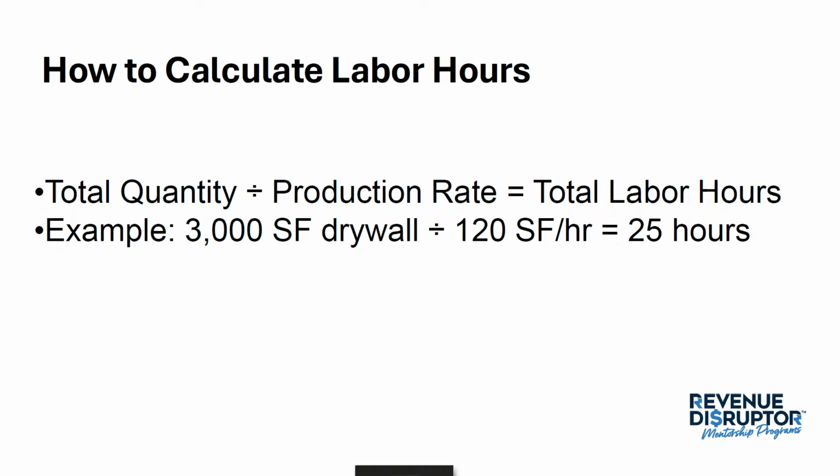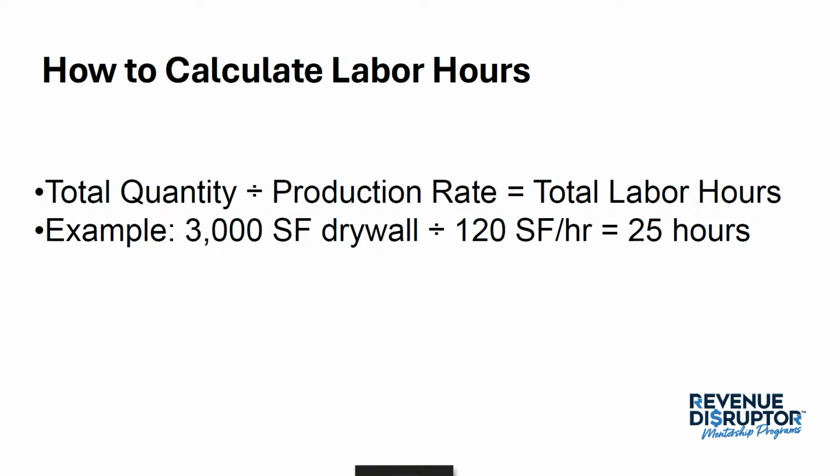Based on our production rate of 120 square foot per hour, that equals 25 hours. So based on this production rate, it's going to take 25 hours for us to complete this task. Now you have a number where you can factor in the multiplier of your actual staff cost, or whatever you pay your staff, to figure out the total cost.